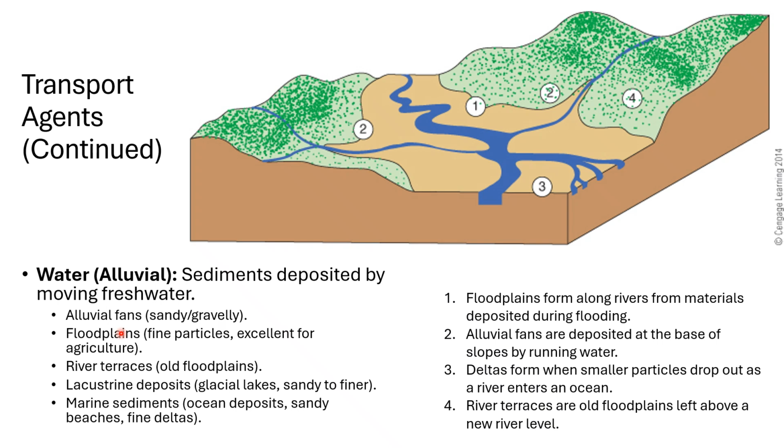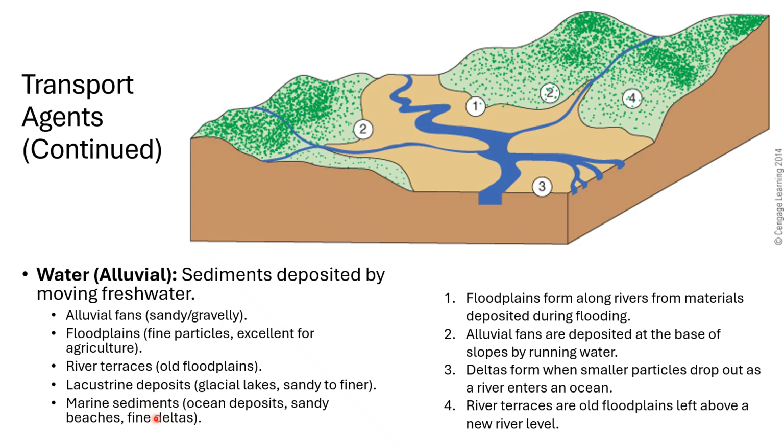Typically fine particles, excellent for agriculture, very nutrient rich. As a stream erodes down deeper, those old floodplains get left behind and new ones are made. That's what river terraces are called. Alluvial fans are where, just coming out of the mountains, things will pile up. The opposite of that, in the ocean, you would have deltas. Very fine grain sediment.